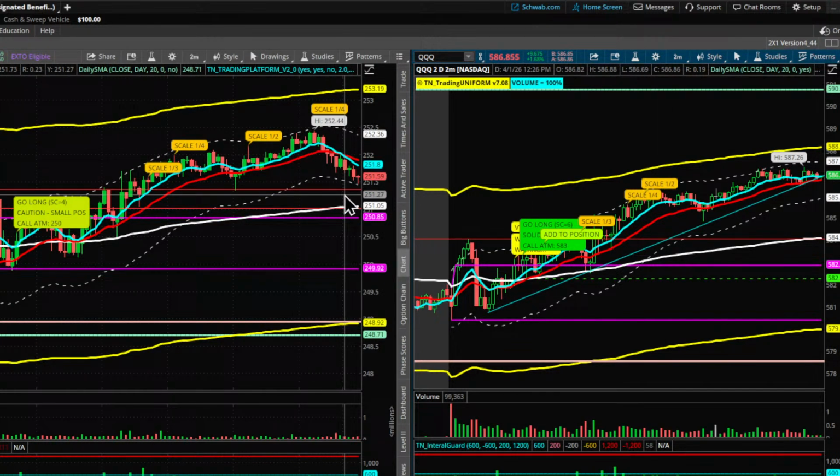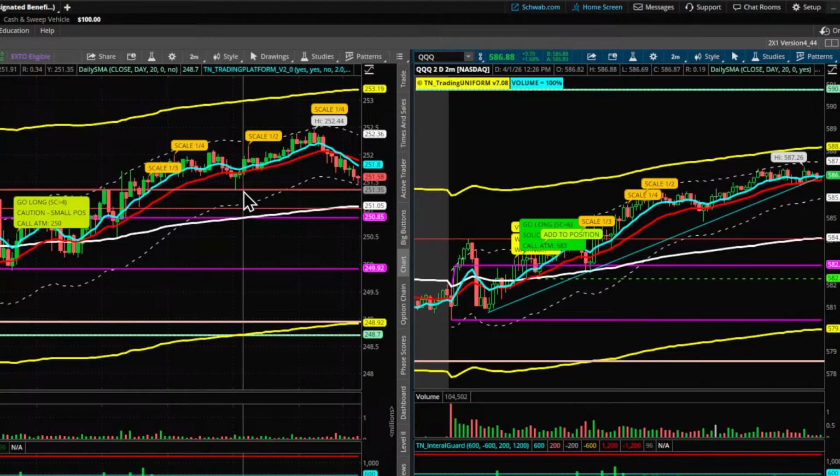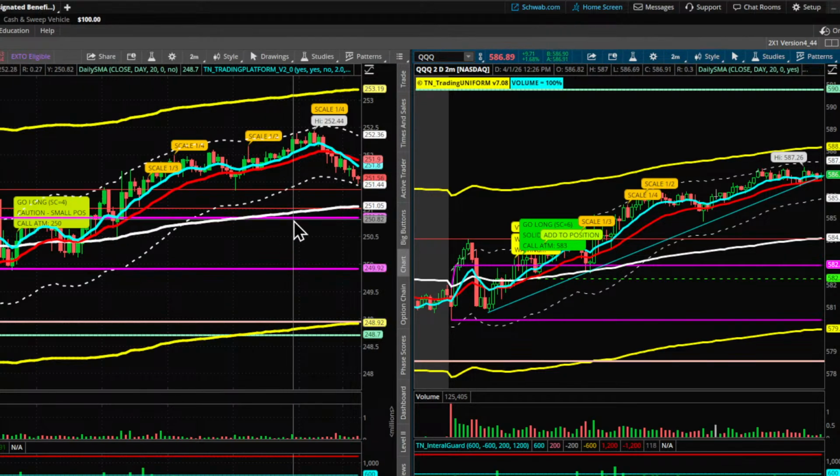So IWM is consolidating. Now, it bounced off right at this point. If it bounces off this, there's a chance it could go higher. But right now, EMA 9 is below EMA 21.